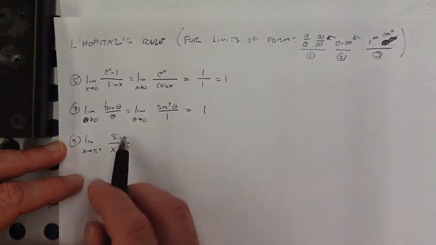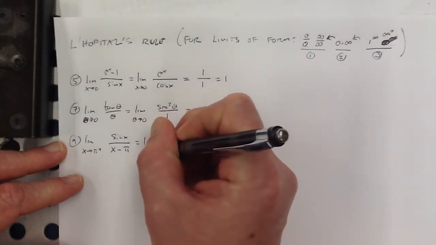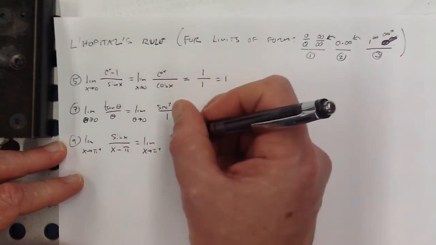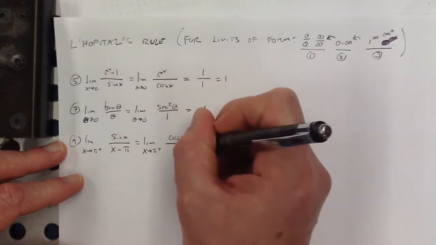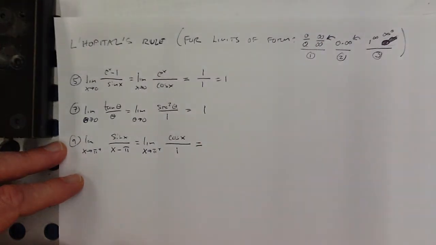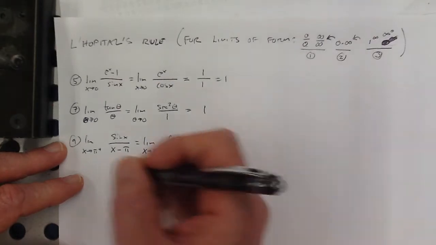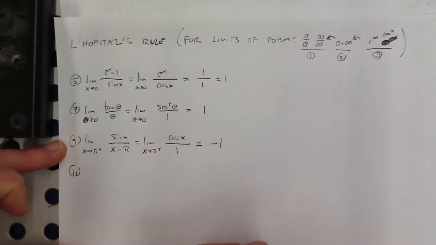All right. Is that 0 over 0? It is. So I do the derivatives, and I plug in pi. The cosine of pi is negative 1. All right.